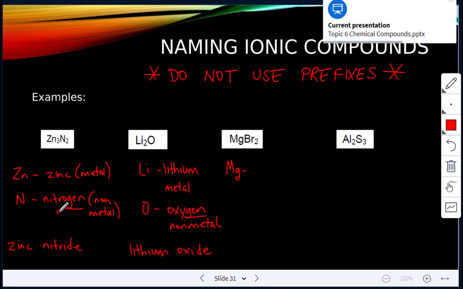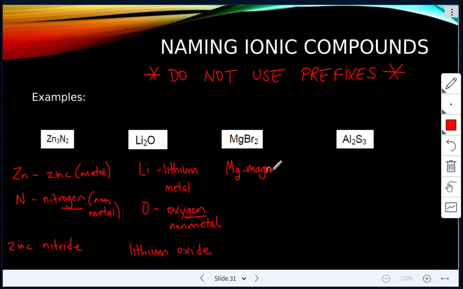All right, so Mg was magnesium. And that's our metal. Br is bromine, which is our non-metal. So when we name this, the metal comes first, so magnesium, and then bromine, we change the ending to bromide.